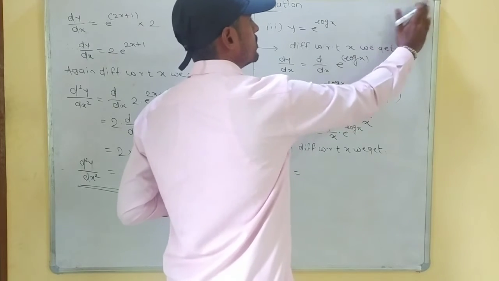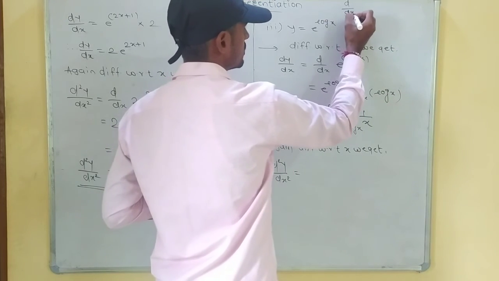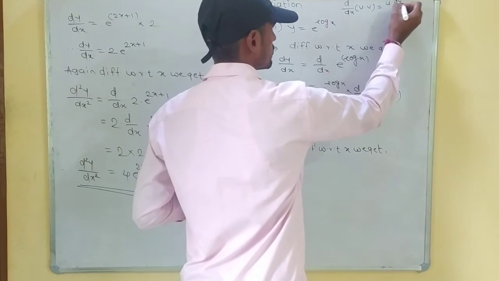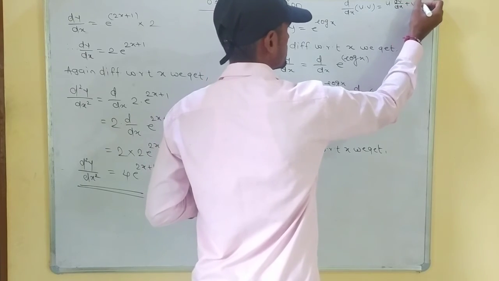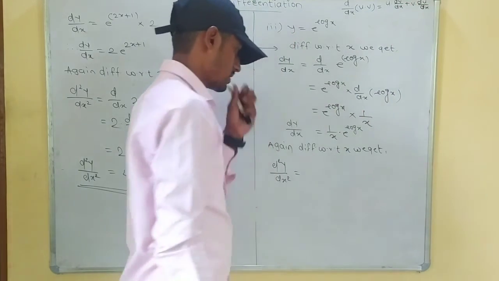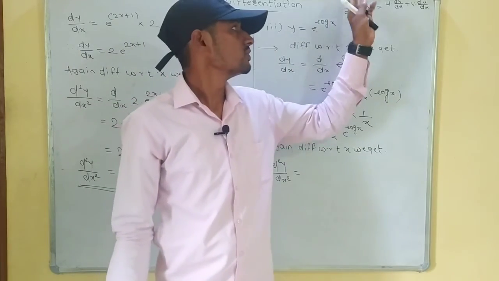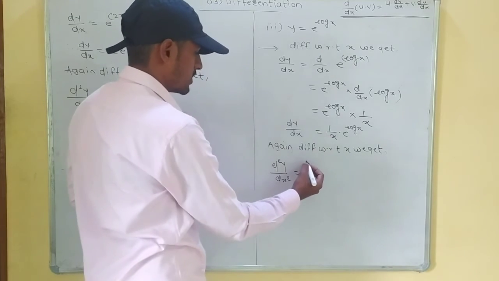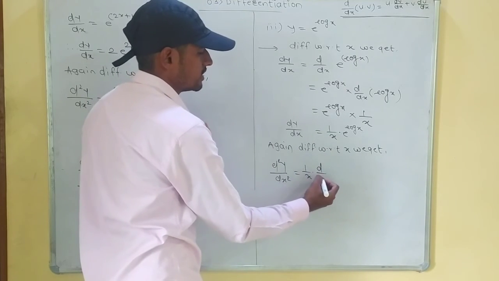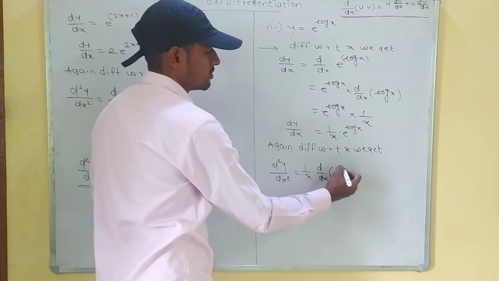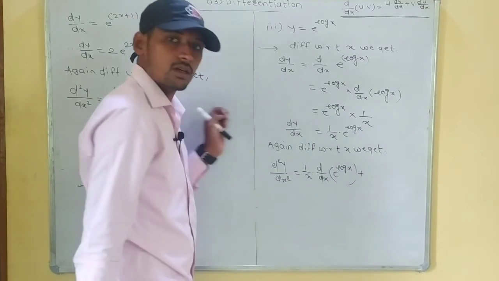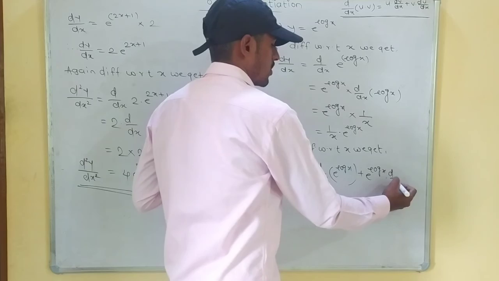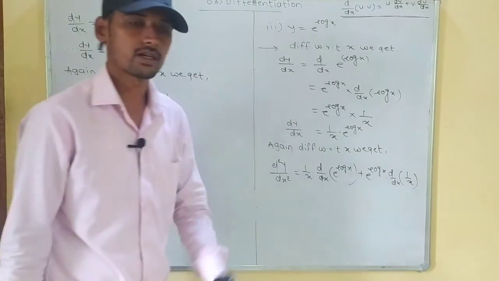So we know that the derivative of u into v is first function as it is into derivative of second, plus second function as it is into derivative of first, by using the formula of derivative of u into v. So first function is 1 upon x as it is, into derivative of second function, e to the power log x, plus second function e to the power log x as it is, into derivative of 1 upon x.